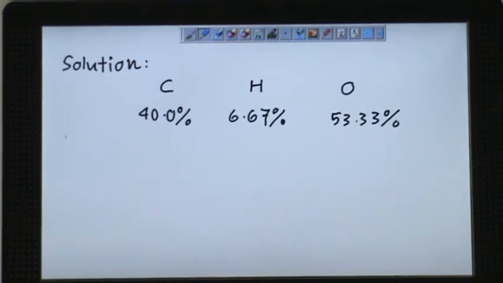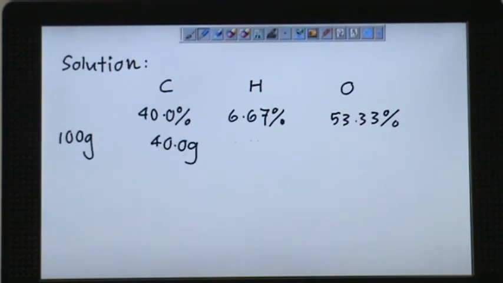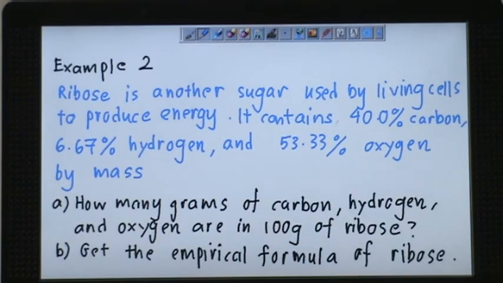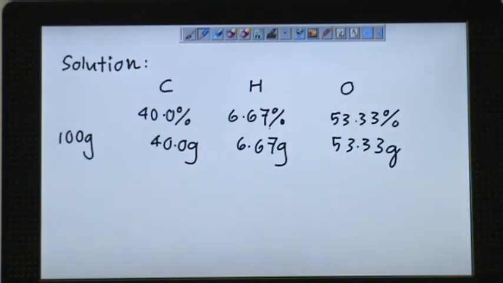So we assume that there will be 100 gram of this compound, so the exact masses will be 40.0 gram, 6.67 gram, 53.33 gram. You add up together, you get 100 gram. This is important because in question A they ask how many grams of carbon, hydrogen, and oxygen are in 100 gram of ribose. So now we have the answer for question A.